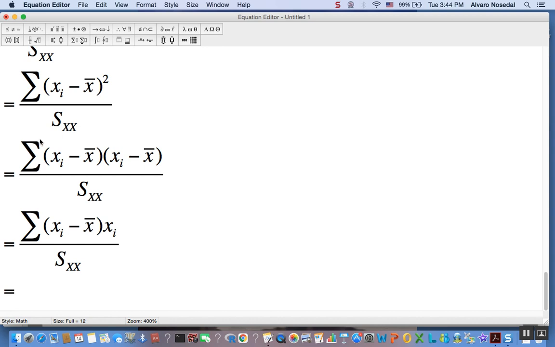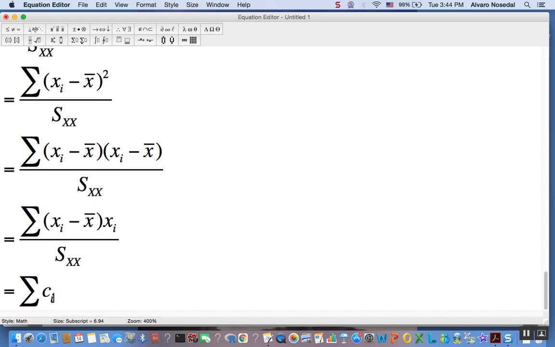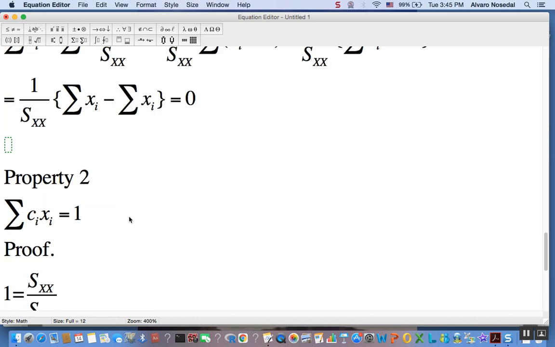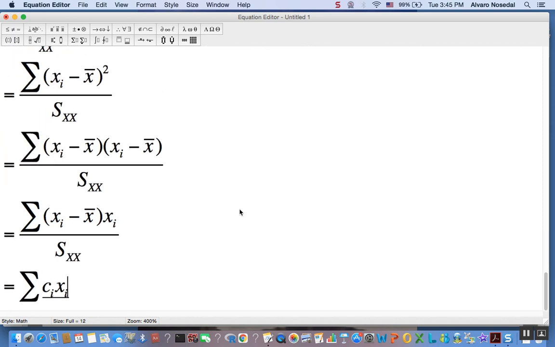Okay, so that's it. We have shown that the sum of ci xi equals 1. That's the second property that we wanted to show. Okay, and we're done. Good.